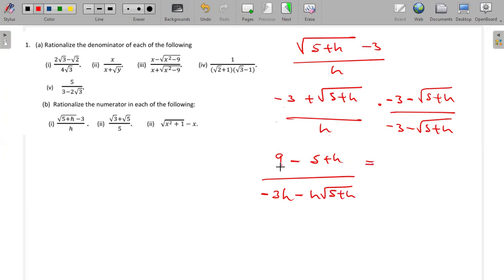Then on top, this minus that gives us 4 plus h. Then down here you can factor out a negative, so you have 3h plus h root 5 plus h. And you divide that negative, this will give us negative 4 and, okay, did we do that right?